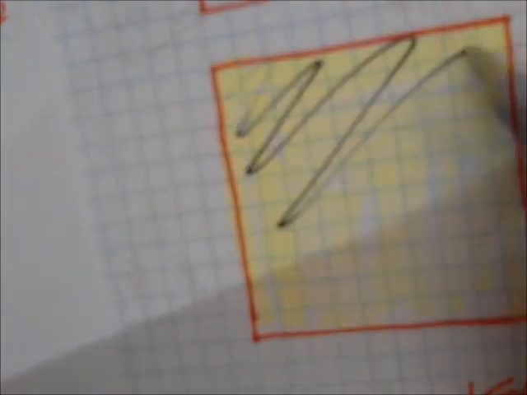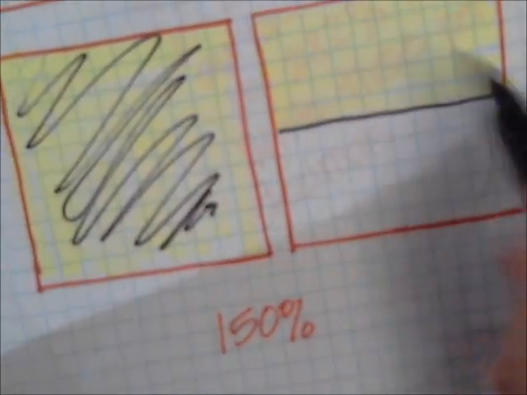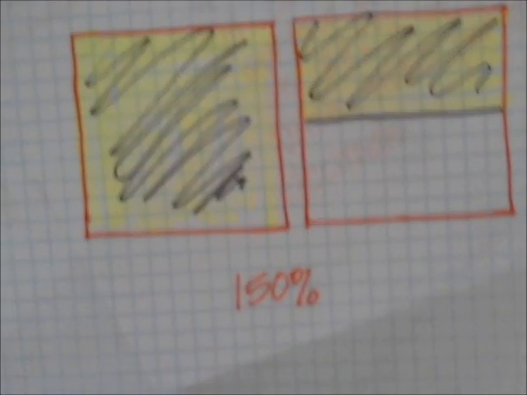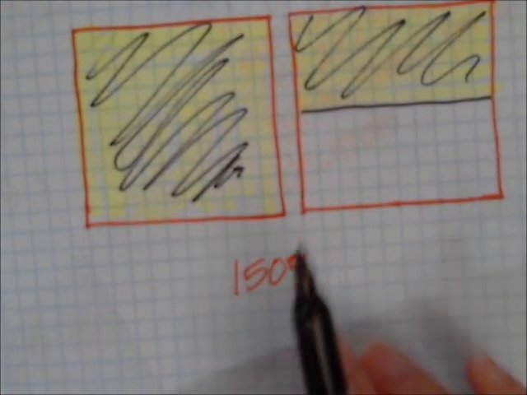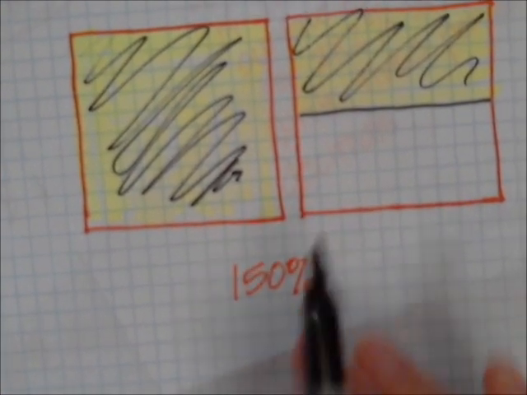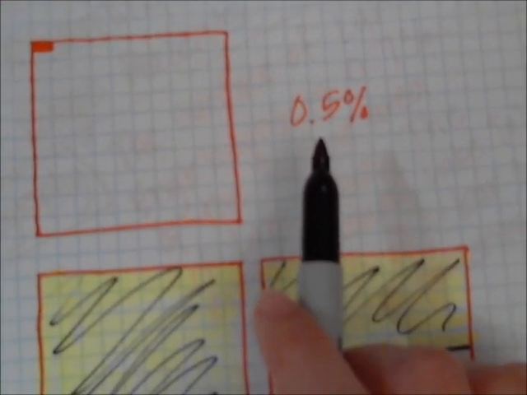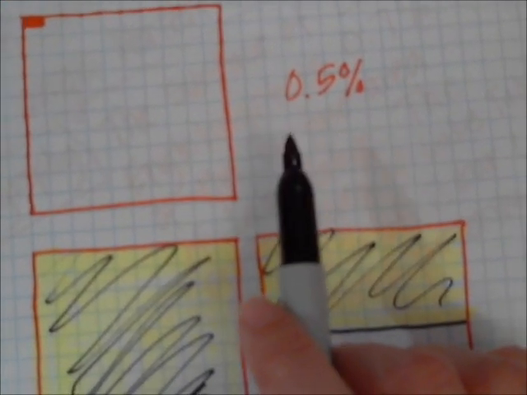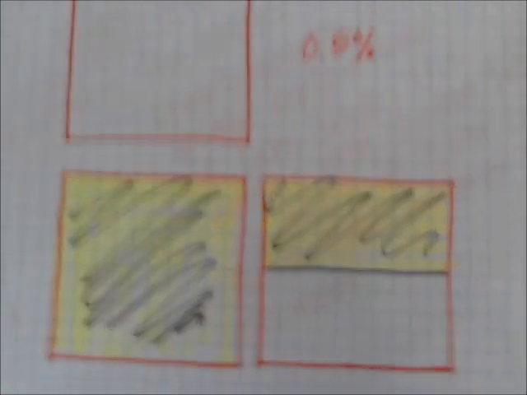That's 100%. And then we have up until this point here, which is 150%. This is a large percent because it's over 100, and that is a small percent because it's less than 1%. So we are going to work some problems with large and small percents.